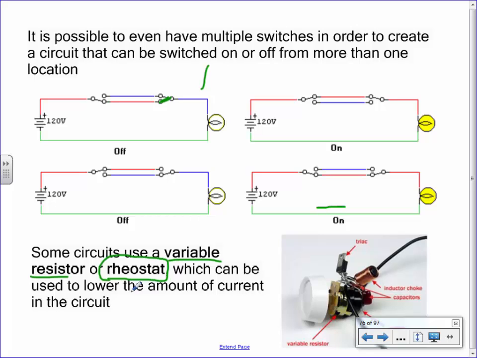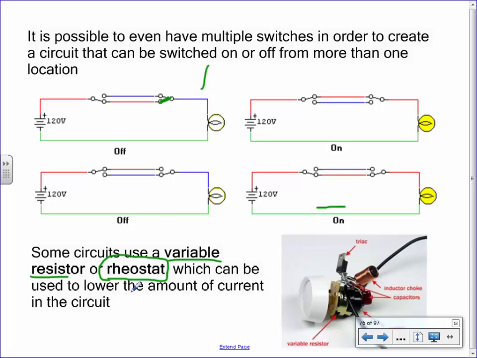Maybe another good example would be an electric drill. You can change how fast it's working, speed it up so that it can cut through concrete and slow it down so it can cut through glass. If you had a variable motor and you could change the speed, that would be a variable resistor or a rheostat.